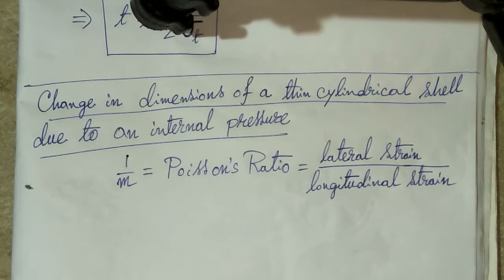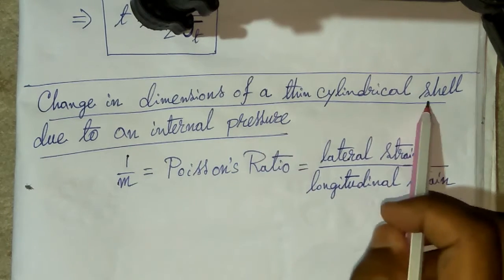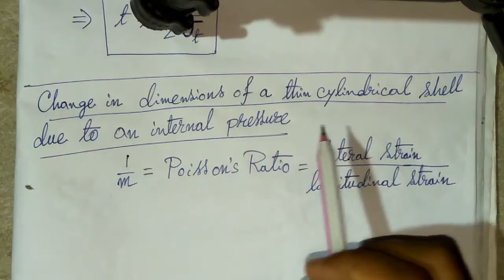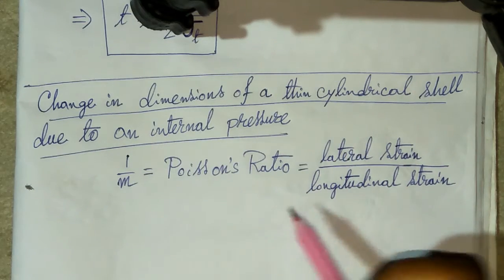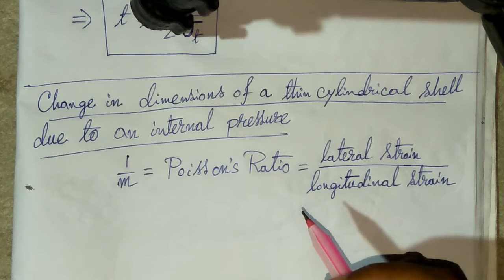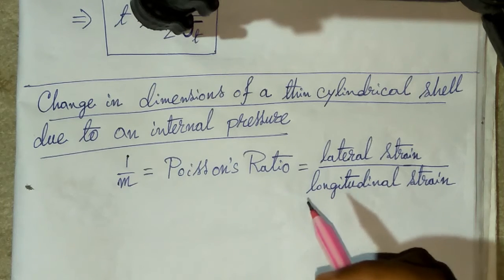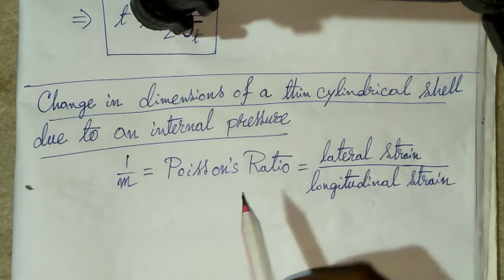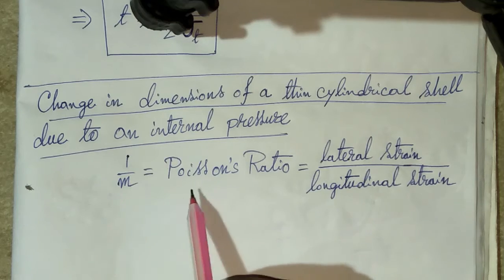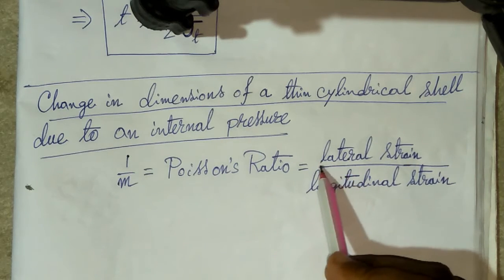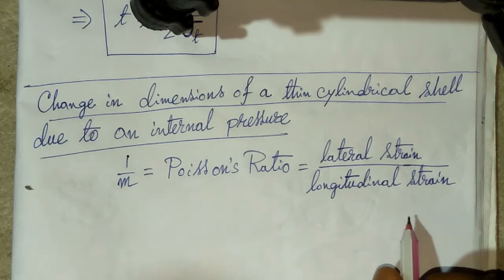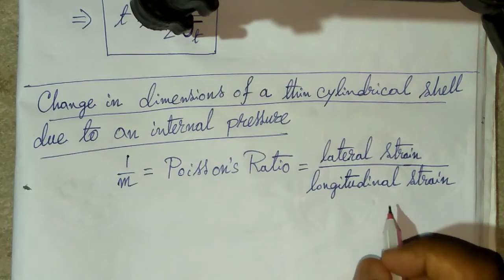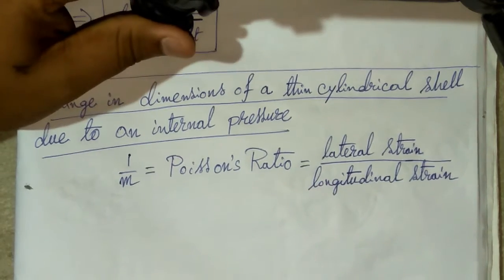Now the change in dimension of a thin cylindrical shell due to an internal pressure, we have assumed that the pressure is P. So let's start. 1 by m is the Poisson's ratio, that is the lateral strain to the longitudinal strain.